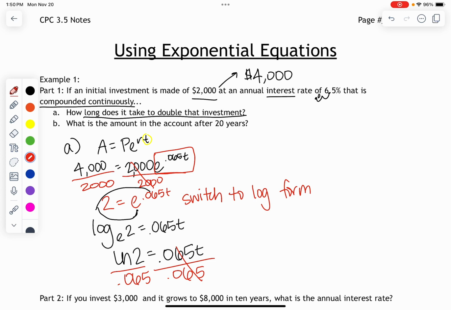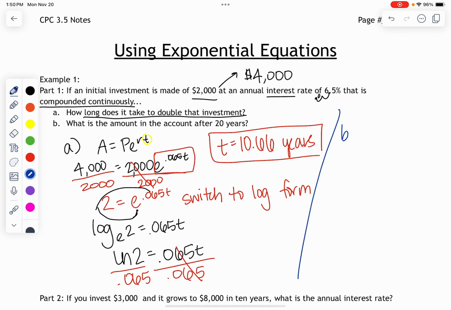So t equals ln of 2 divided by 0.065. So t ends up being about 10.66 years. That's the answer to part A. And I'll switch to part B.